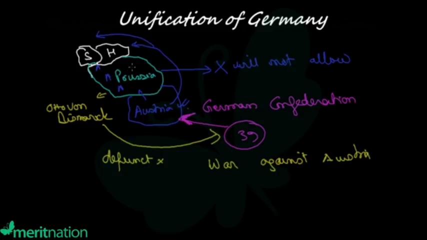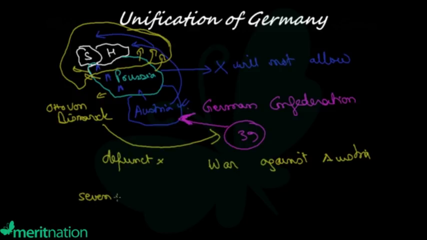He invaded the northern parts of Germany and brought the entire northern part under its control. It just took 7 weeks for Prussia to defeat Austria.